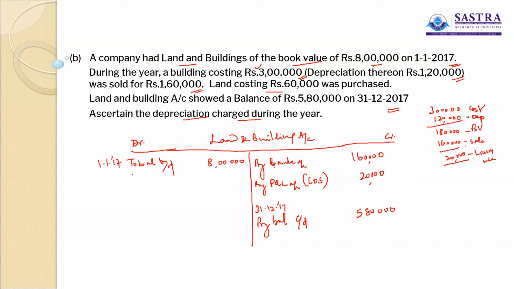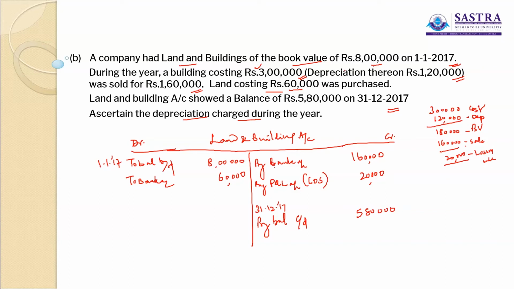Then it is given that land costing rupees 60,000 was bought or purchased during the year. So to bank 60,000. That's it. We have given effect to all information of the question.